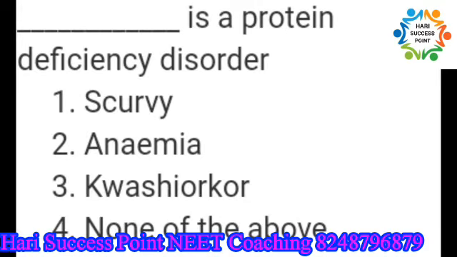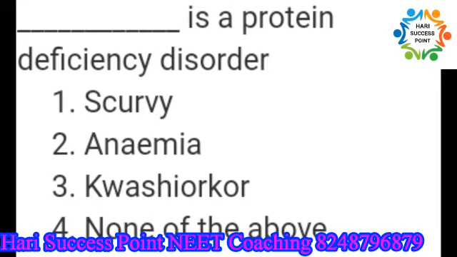Dash is a protein deficiency disorder. The given options are scurvy, anemia, kwashiorkor, and none of the above. The first option is scurvy. Scurvy is a condition caused by severe lack of vitamin C in the diet. So it is not the answer to the question. Come to anemia.